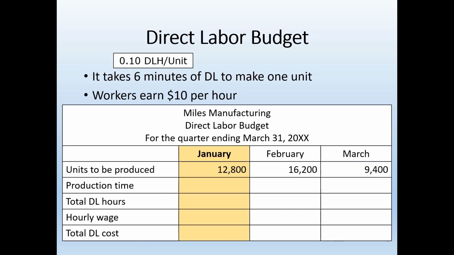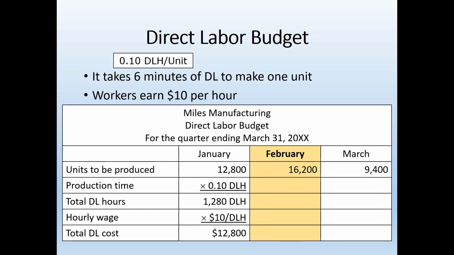In January, we take the number of units that need to be produced, multiply by 1/10 of an hour per unit to get the total number of labor hours, and then multiply by the hourly wage to get the total number of dollars needed in January.